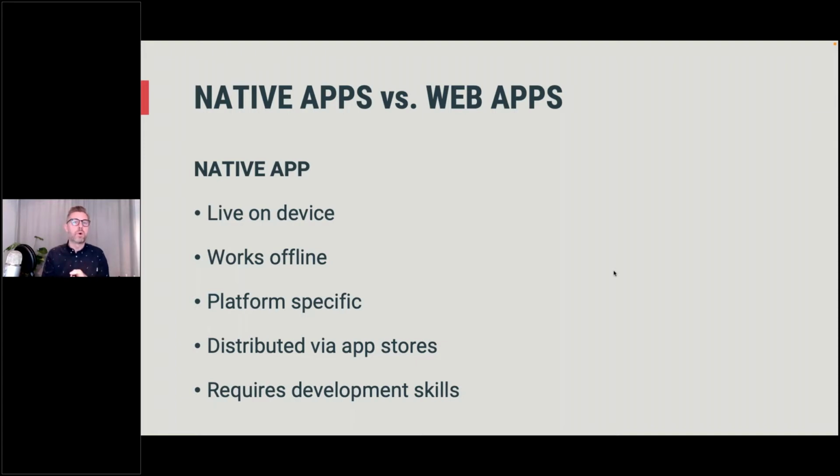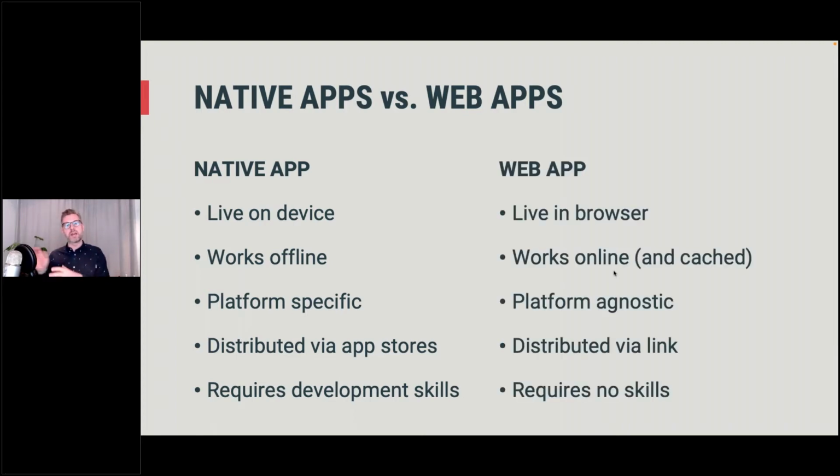You have to know how to distribute it via Google Play or via the Apple App Store and so on. And it requires development skills. So these are all things to think about when you look at which type of app you want to do. Many of the apps you have on your phone are really these native apps that are platform specific and that would require developers to build them.